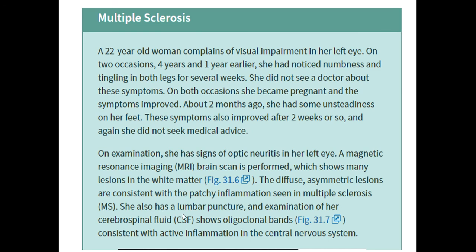She also had a lumbar puncture, and examination of her cerebrospinal fluid, CSF, shows oligoclonal bands, which is almost pathognomonic in multiple sclerosis, consistent with active inflammation in the central nervous system.